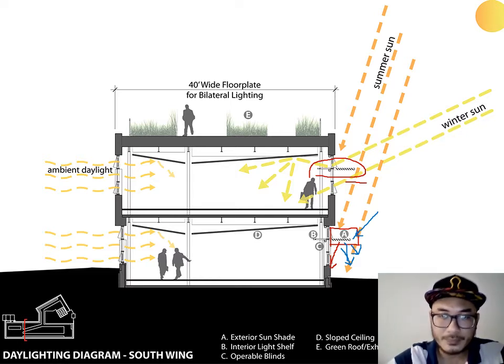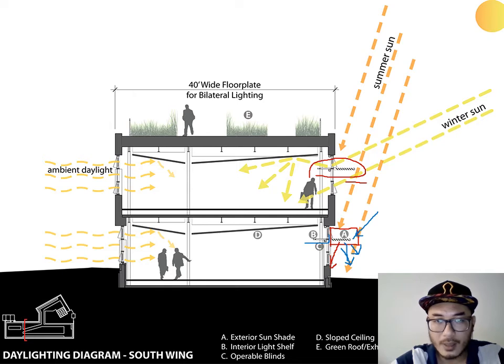Okay, and then the label B shows the light reflector or light shelf. It is installed in the interior because, if you can see the diagram, the winter sun will enter through the top window and then hit the light shelf, and then it will be reflected onto the surface of the ceiling.